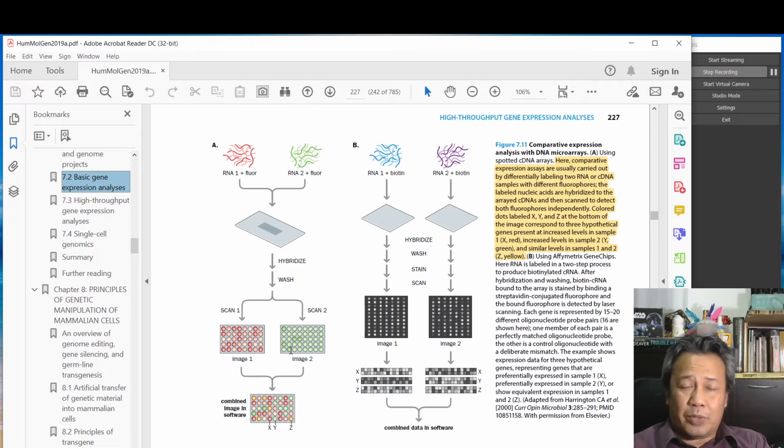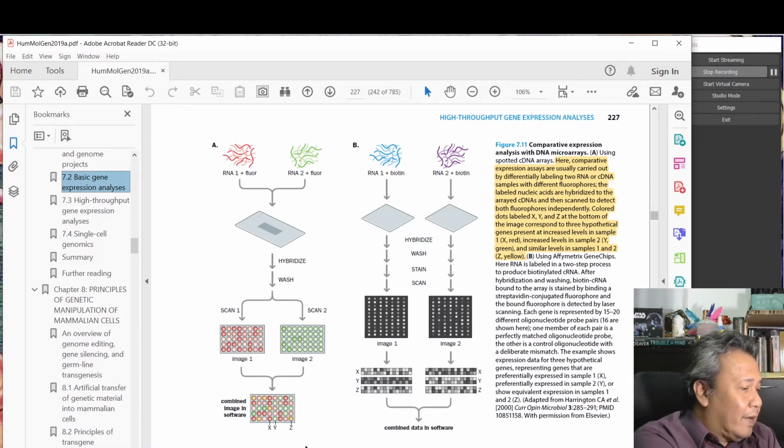So you get three situations. Normal specific, red signal. Cancer specific, green signal. Both expressed equally in normal and cancer cells, you get a yellow signal. And if neither is expressed, you get a black signal.